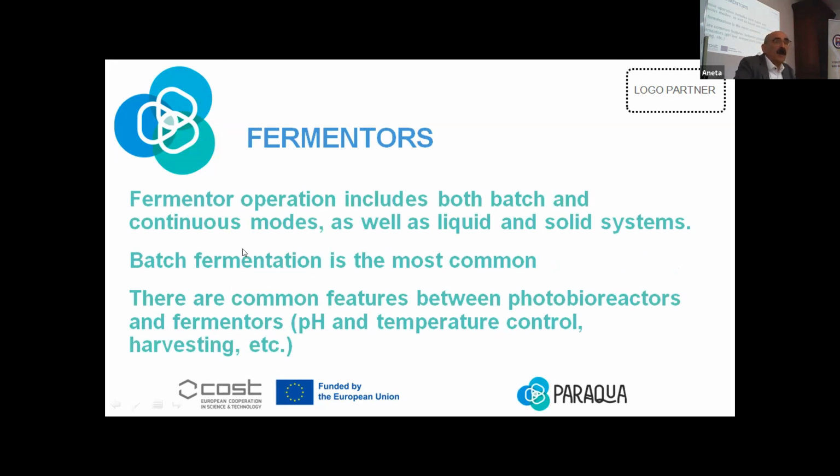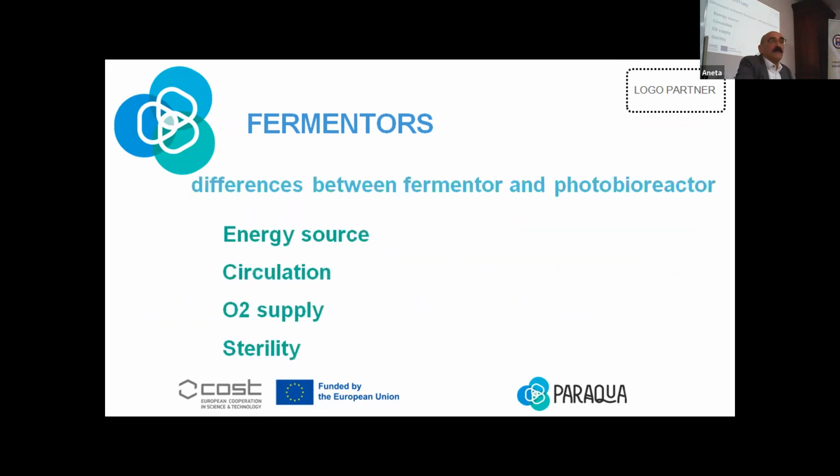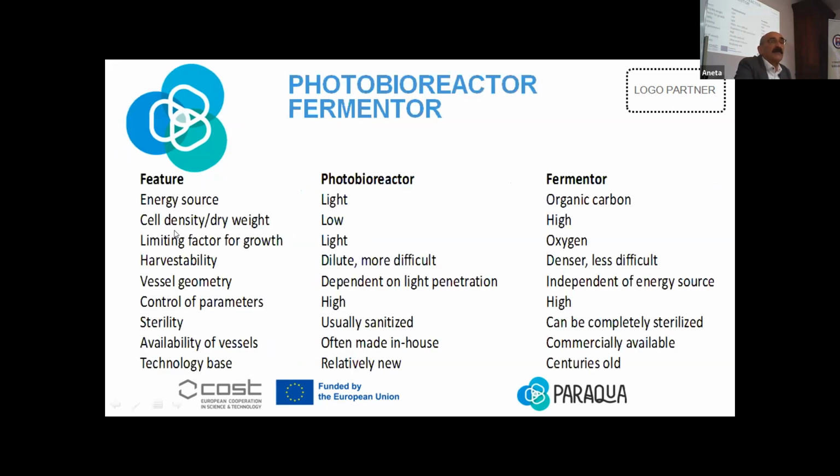There are some common relevant parameters you have to control: of course, pH, temperature, harvesting. The main differences between fermenters and photobioreactors are energy source, as we said in the beginning, circulation, supply of oxygen, because fermenters need oxygen and photobioreactors don't, and then sterility. You need a high degree of sterility in fermenters.